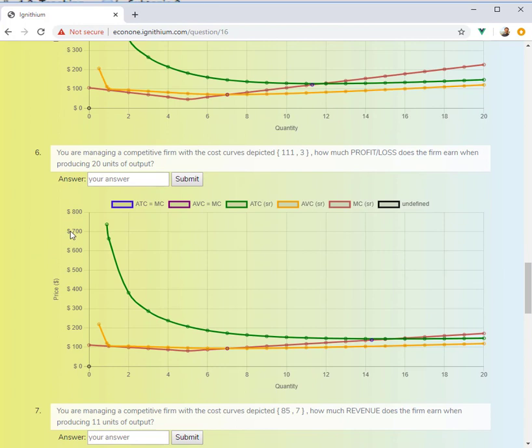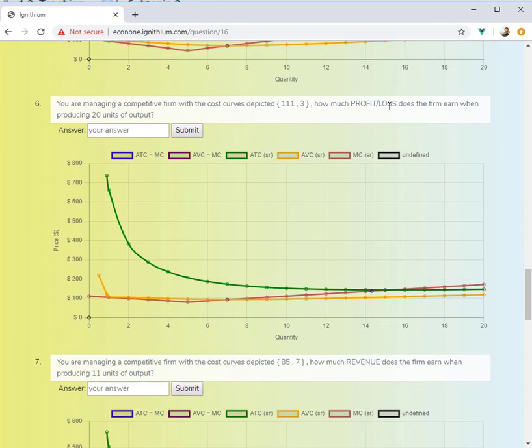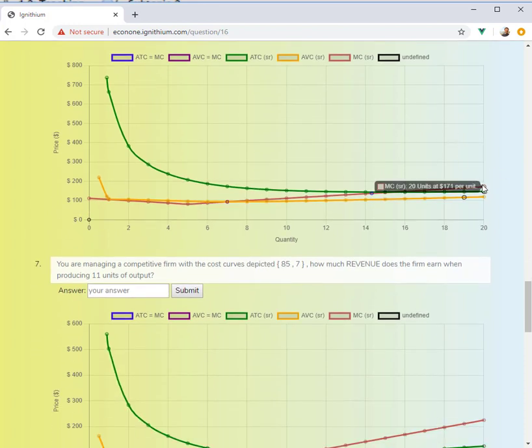And how much profit or loss does the firm earn? Well, now we're talking, remember, we have this little profit rectangle, and it's price minus average total cost times the number of units that would give us this rectangle in here.